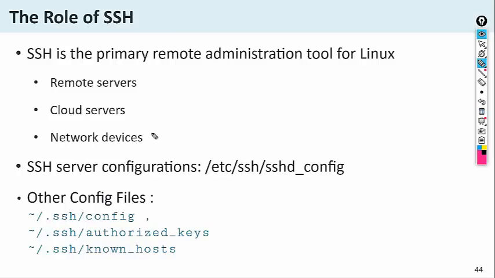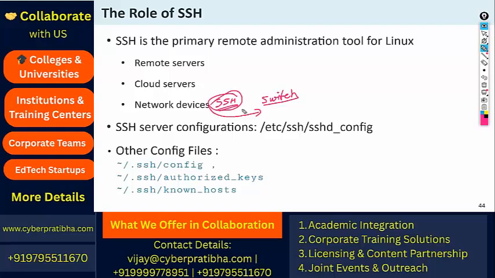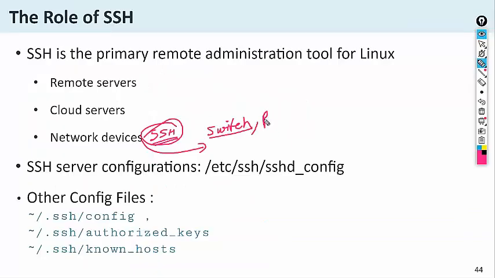Network devices also have SSH enabled, so you can access them remotely. For example, a switch is available over SSH, so you can access it and change the configuration. Similarly you can do this on a router or firewall. Some firewalls have a graphical interface, some have a command line interface. These interfaces can be accessed over virtual terminal SSH.